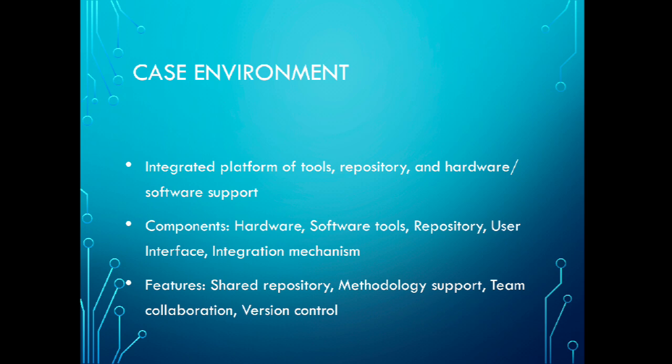This is the most critical component. The repository is a shared central database where all the project's artifacts are stored. This includes design diagrams, source code, requirement documents, and test plans. And then comes the user interface. This provides a common interface for all the tools, making it easy for developers, designers, and project managers to access and use the environment.